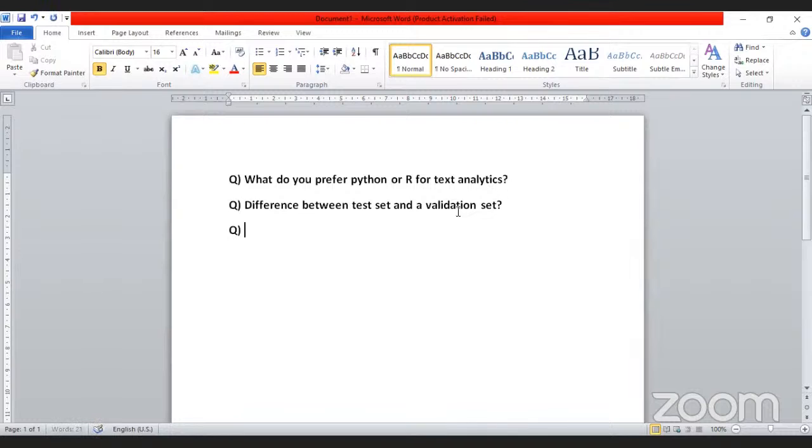The question is, what do you understand by linear regression and logistic regression?